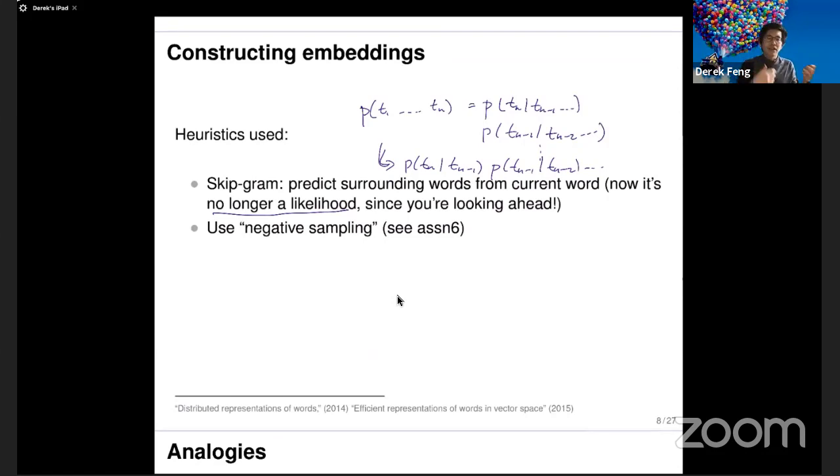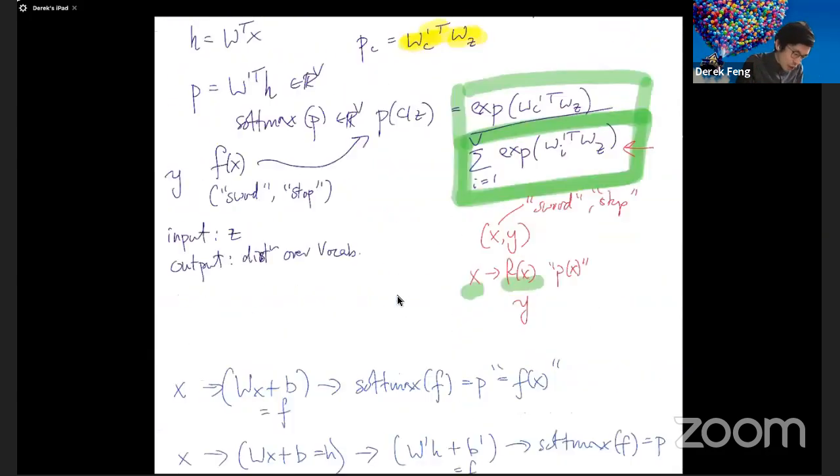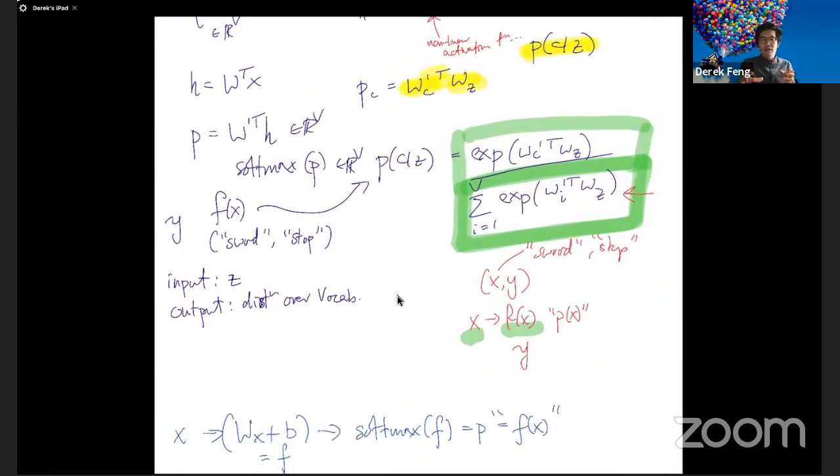Instead of going through every single word in the denominator, where I have to normalize by every single word that I don't see, you're just going to randomly sample from words that you don't see.